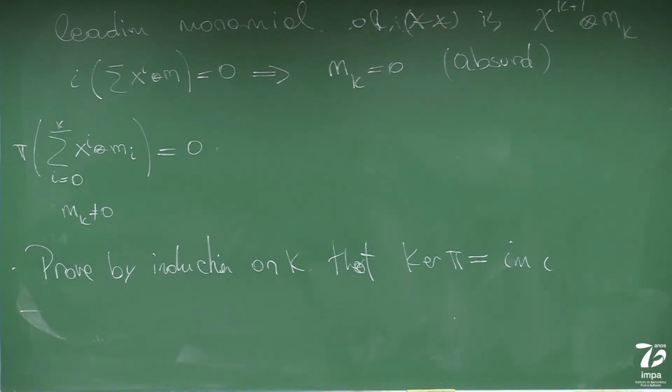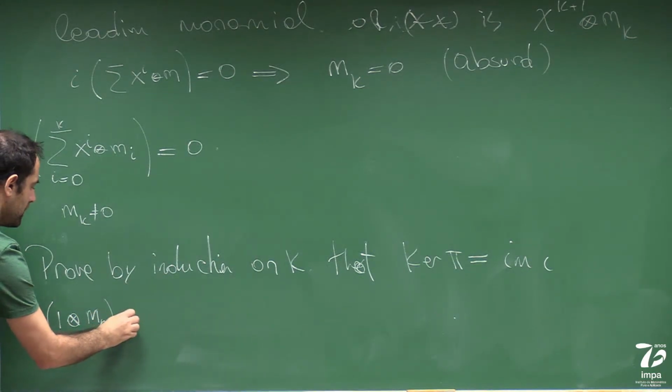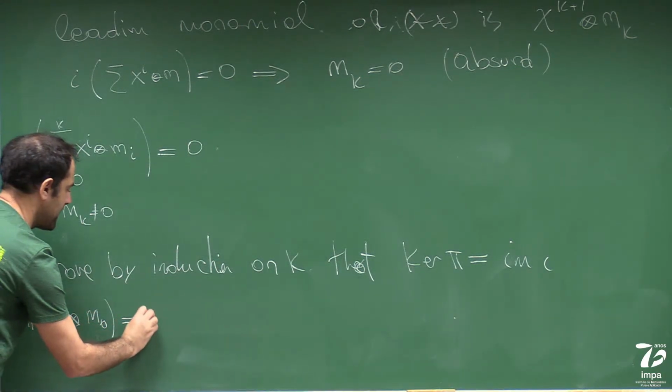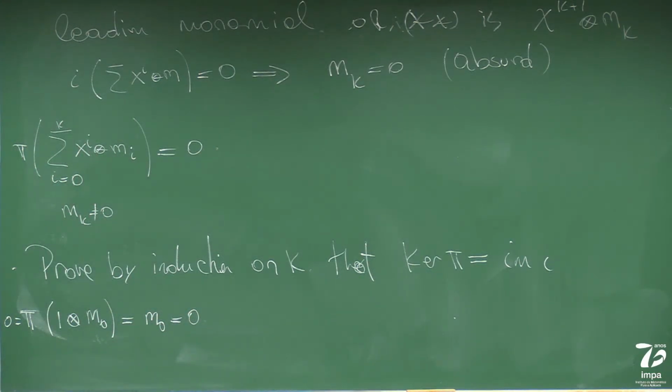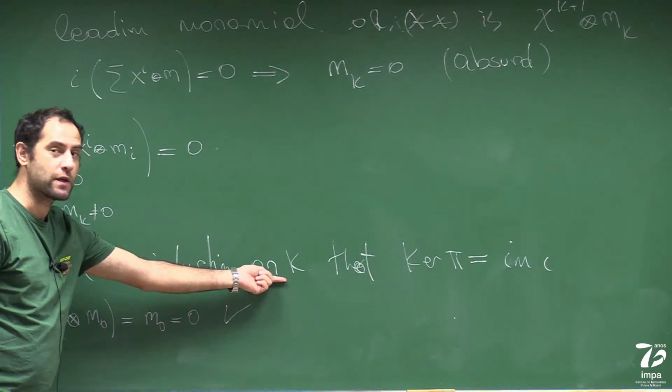So if k is equal to 0, then what I have is just 1 tensor m_0, and pi of this is equal to 0. But this is the same thing as m_0, which is equal to 0, which, well, that doesn't happen. So for degree 0, we have that the kernel of pi is the image of iota.